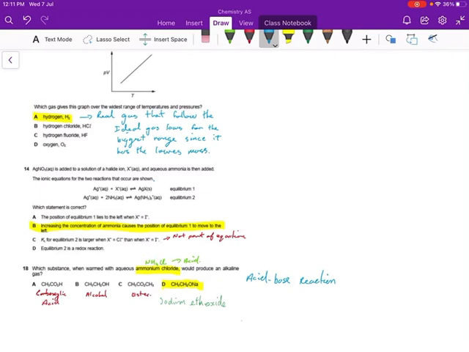Let's see. They say increasing the concentration of ammonia causes the position of equilibrium to move to the left. So if we increase my ammonia, we're going to take silver out of my equation to form that.